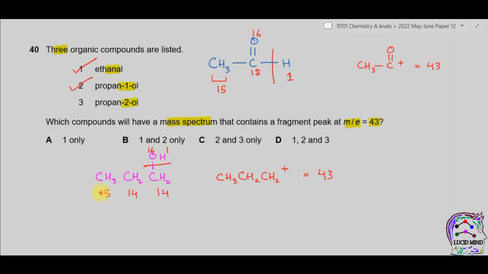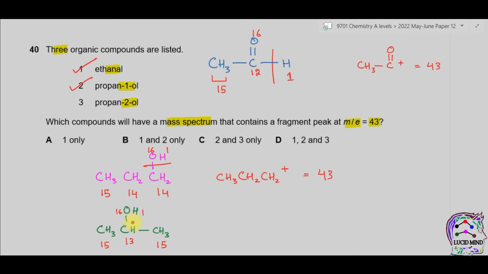Then we have propan-2-ol, 3 carbons with OH on the second carbon. So in this one we have a carbon and 3 hydrogens, so it is 15 on this side, 15 on this side. This one is 13, a 16 and a 1. So let's see if we can make 43.